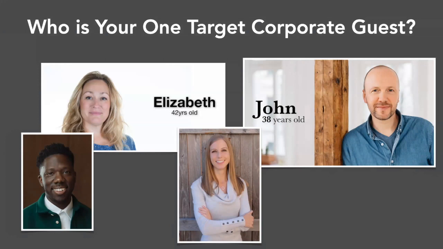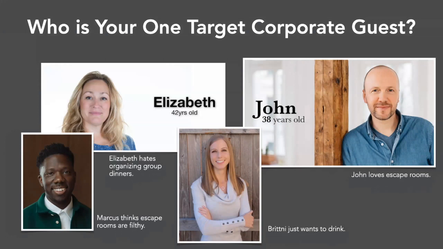One group may be targeting Elizabeth while another group is targeting the Britneys of the world. But we need to know who those people are and what little quirks they have, so we can say the right things to each one of them. This is why I want you to really focus. Just pick one person. I want to know that it's the director of sales. I want to know that it's the head of HR at a 50-person company. Narrow it down. Get real specific about who you're trying to win, and it's going to have a dramatic impact on being able to form that messaging to that person.